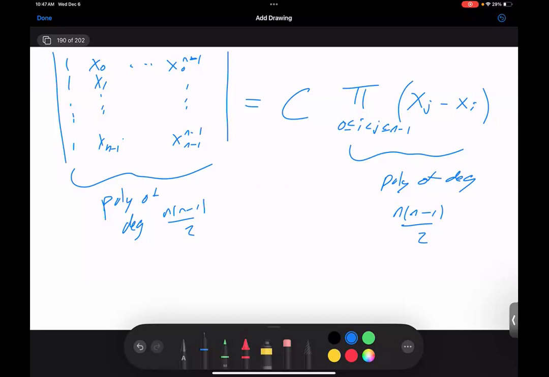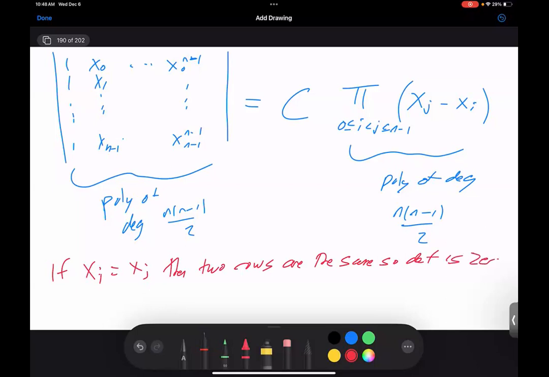The other thing is, if you look at the left-hand side, if you look at the determinant, if xi equals xj, then two rows are the same. So the determinant is 0. So the determinant is a multiple of this product, i less than j, of xj minus xi.